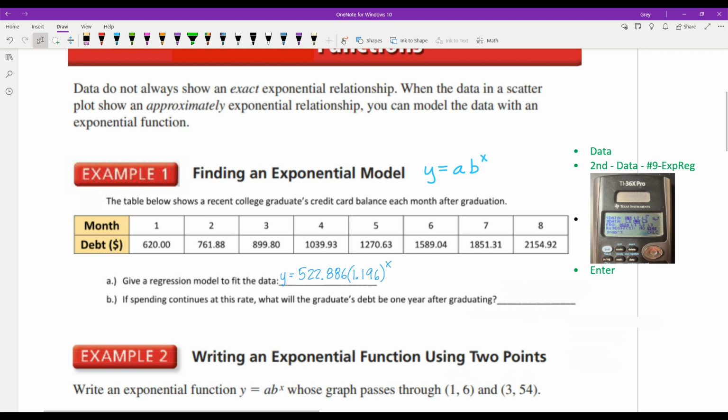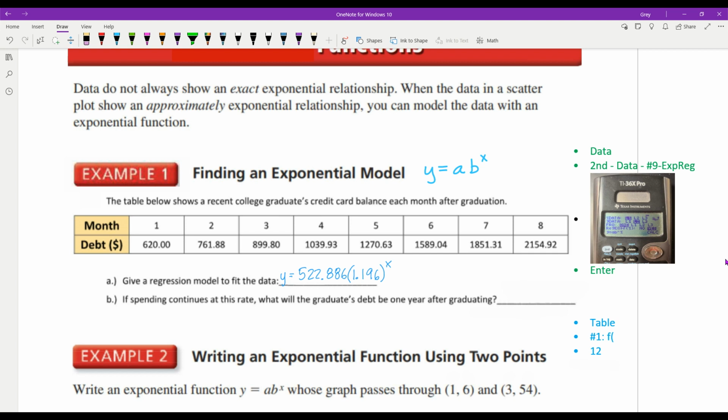But what I want to point out to you is if you go back from that screen that gave you the information, if you just go back to clear and actually hit table, and when you hit table, choose number 1 that looks like F with a parenthesis on it, and then press enter, and then enter 12. It's going to come up with F of, and you're just going to put 12.